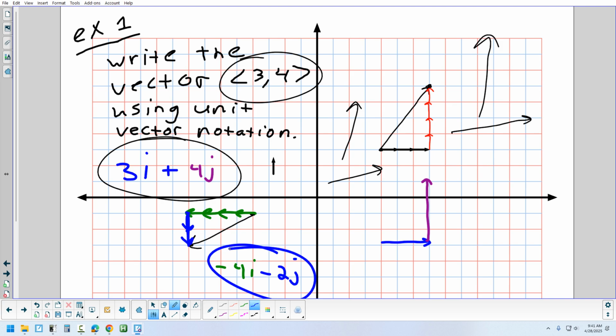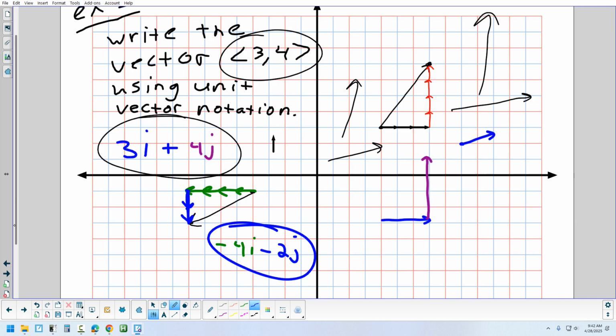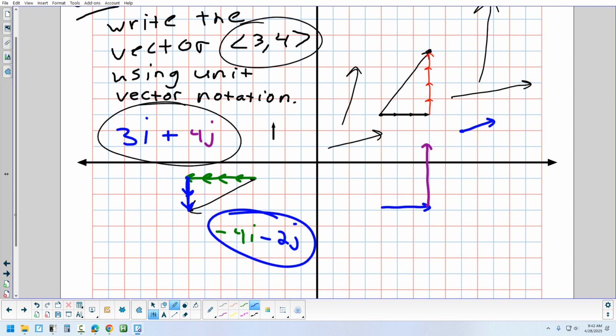If you ended up in the middle of a block, like that, that's fine. You can do 2i plus half a j. You can do a half j or whatever fraction of a j you want to use. Right, so that's unit vector notation. And that's the notation we're going to stick with mostly for the rest of the week.